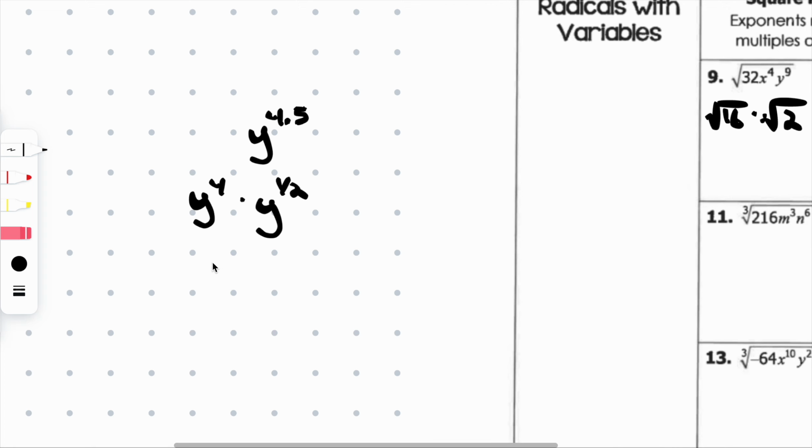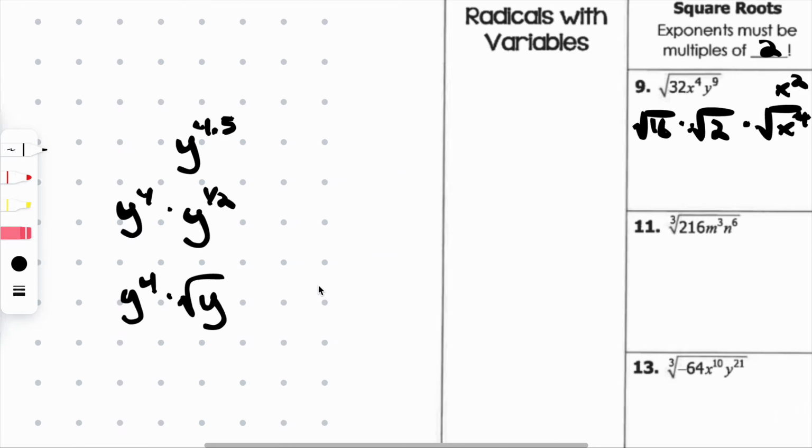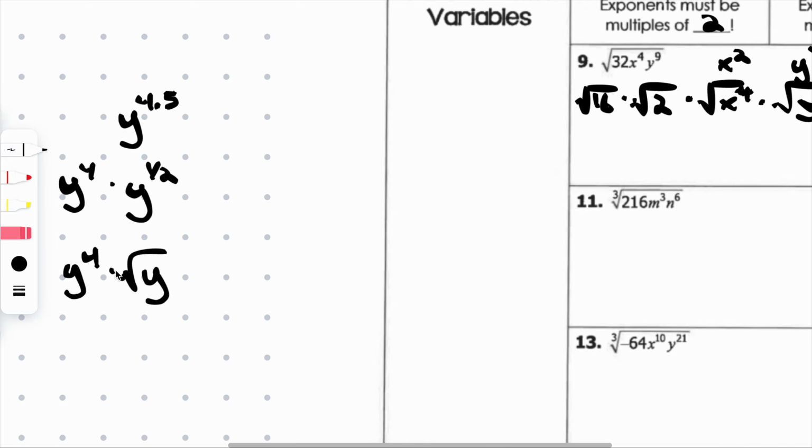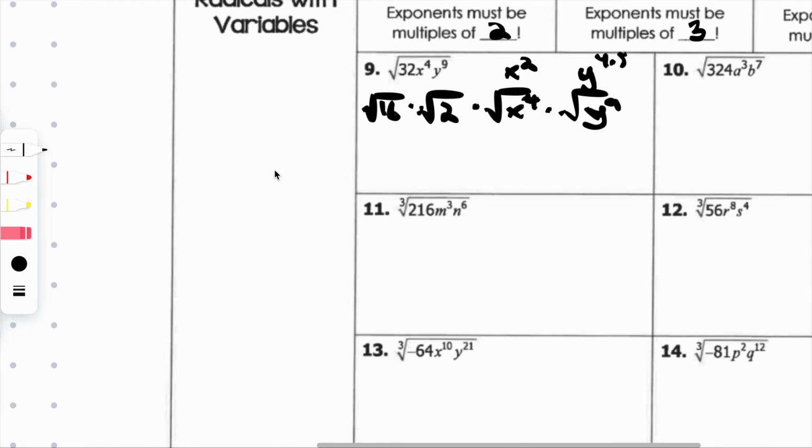We can also say when we raise something to the 1/2 power, that's going to be equal to the square root of y. We're going to be talking about that a little bit more later. So this root y to the 9th is equal to y to the 4th times root y.